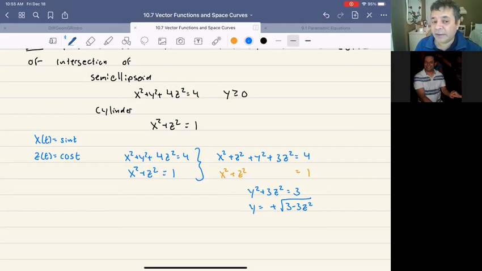But what's z? Cosine of t. But wait, 1 minus cosine squared is sine squared of t, right?